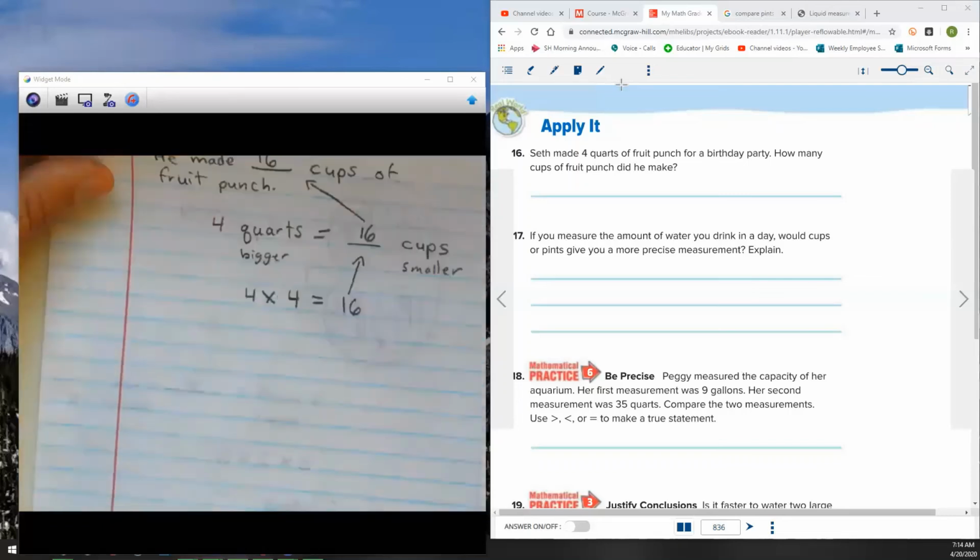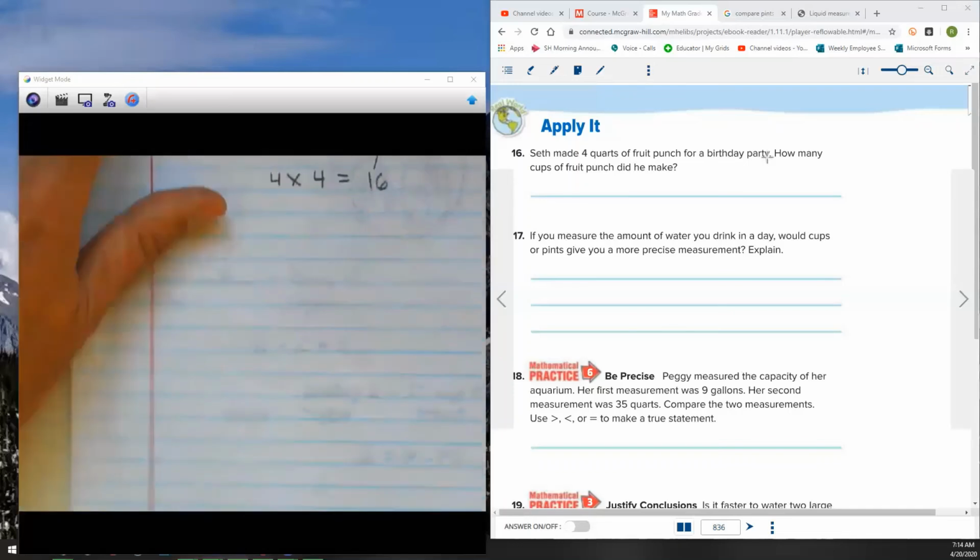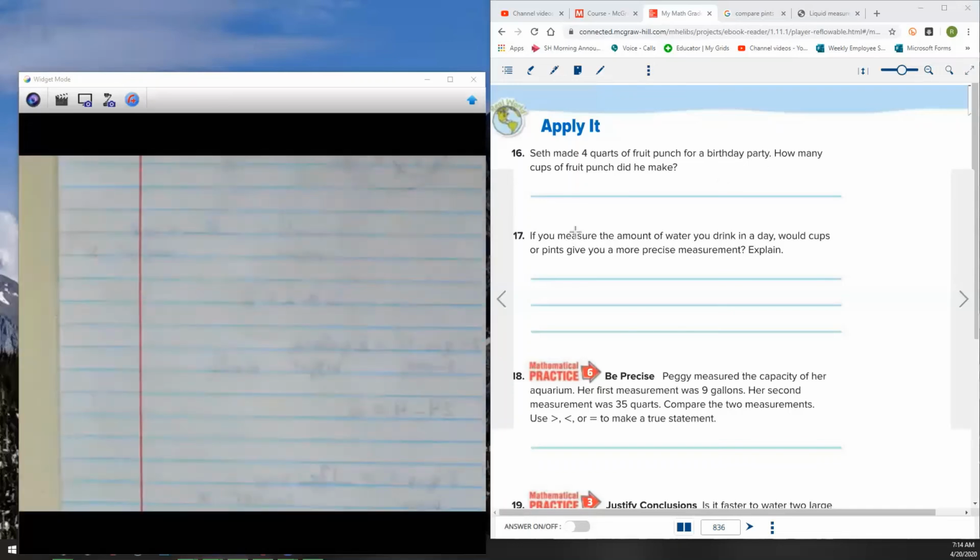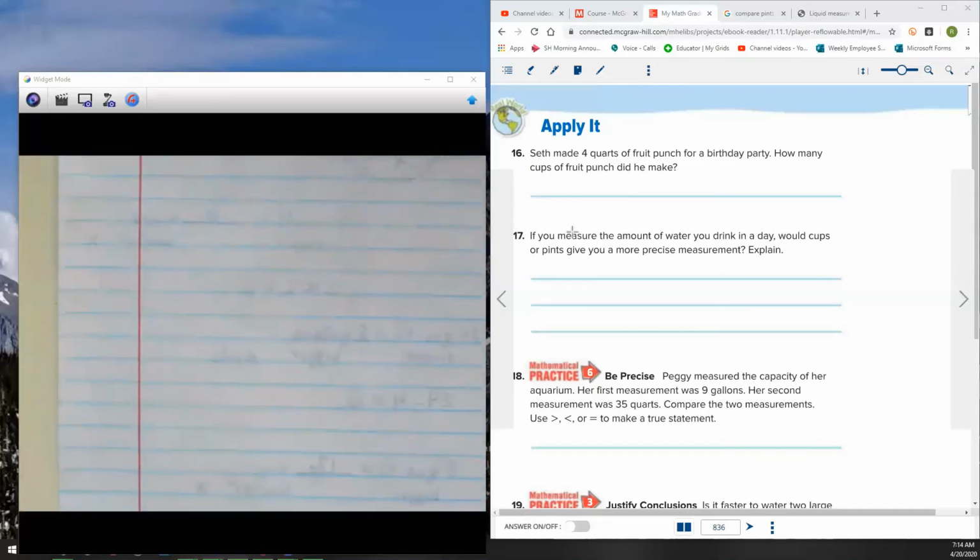One thing I want you to do is take a look at number 17, because you're going to be getting a similar type of question in your assignments today. If you measure the amount of water you drink in a day, would cups or pints give you a more precise measurement? Precise is the word I really want you to focus on here, because it is a word we may not have talked about before in class, but I want to make sure you know what it means.